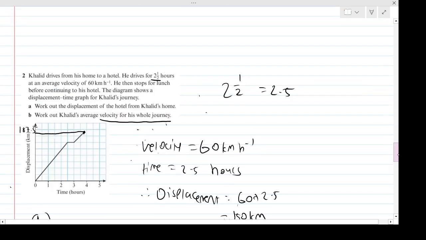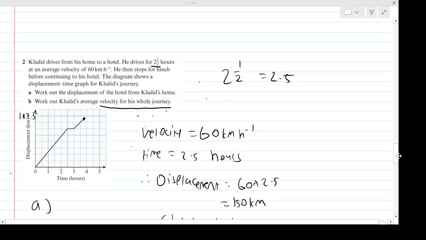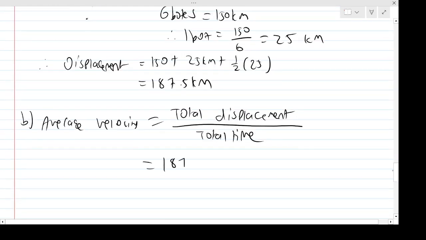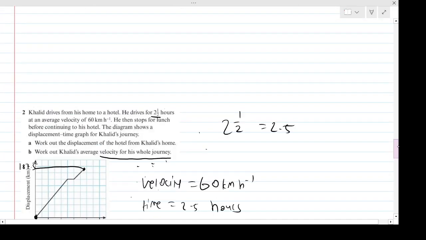So literally how far we've gone up in the total displacement. We started at 0 at his house, and then we ended at 187.5. So the total displacement from start to finish is 187.5 kilometers.